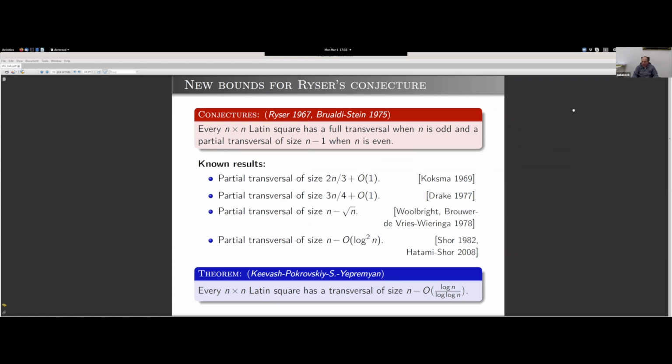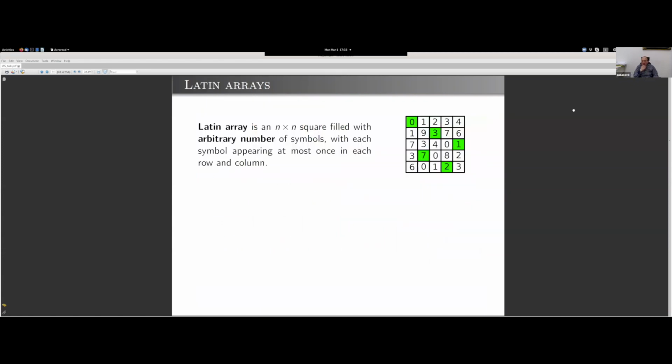Let me extend a little bit the notion of Latin squares to so-called Latin arrays. Latin arrays are very similar to Latin squares. You take an n by n array and fill it with symbols such that symbols appearing in the same row or column are all different, but you're allowed to use more than n symbols.